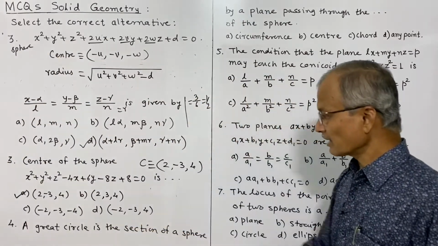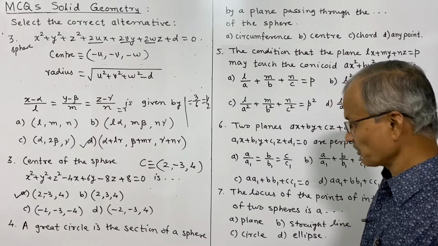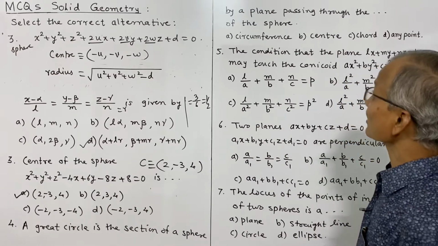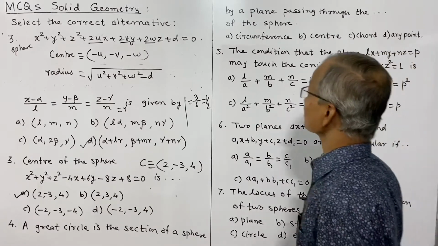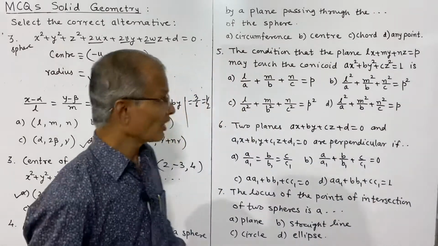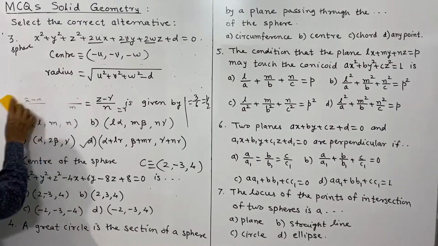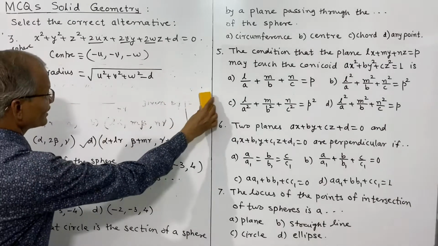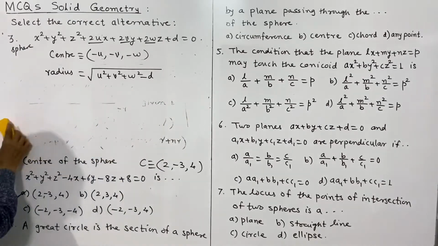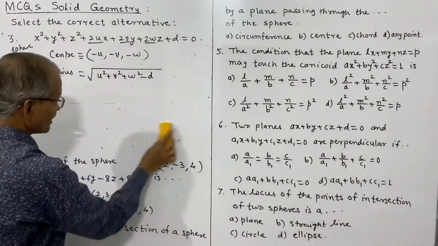Now the next is, a great circle is the section of a sphere by a plane passing through which point of the sphere, that is asked. And now see, section of sphere by a plane, that we have to consider.